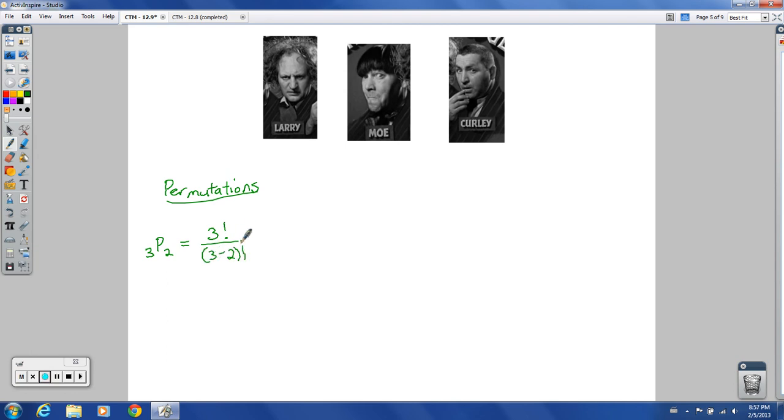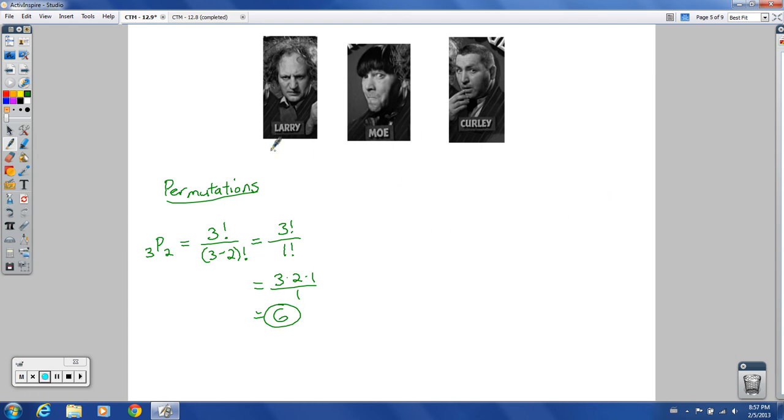In other words, that's 3 factorial over 1 factorial. 1 factorial is just 1, and 3 factorial would be 3 times 2 times 1, so you have 6 possibilities. 6 over 1, which is just 6.